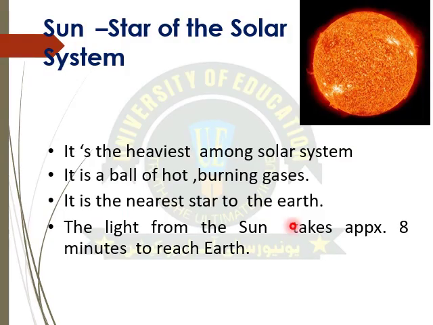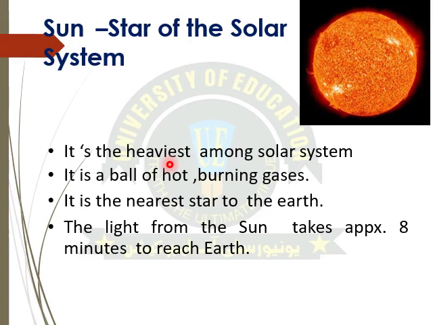Dear students, before moving towards the different planets, first of all you have to learn about the Sun. What is the Sun? The Sun is basically a star of the solar system. It is the heaviest in the solar system.